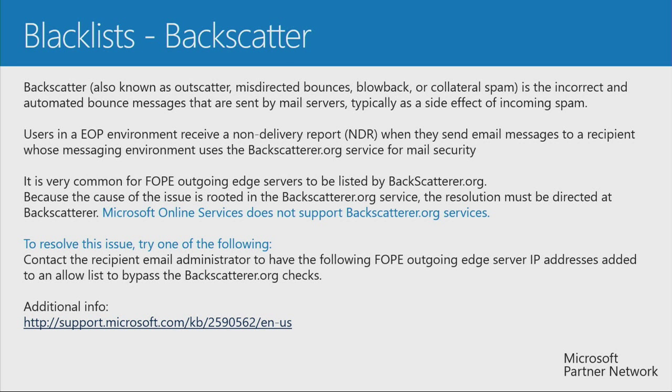So what can we do? Well, almost nothing, because first, Microsoft is not supporting backscatter as a blacklist provider. Second, because usually this issue will solve itself in a matter of hours or days.